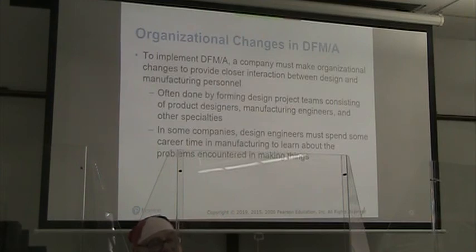So the organizational changes required by design for manufacturing and assembly, we're going to have closer interaction between the design and the manufacturing personnel. Very often we do this by forming design project teams that have project designers, manufacturing engineers, and the other specialties needed.